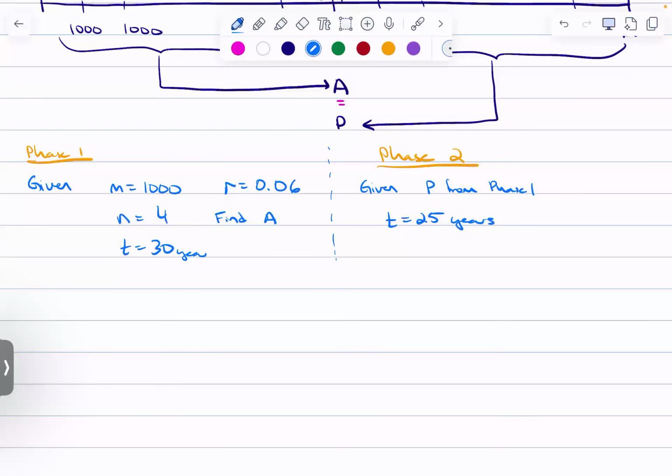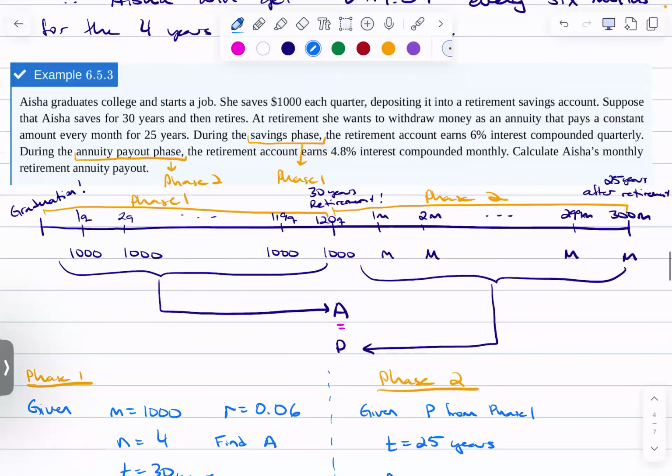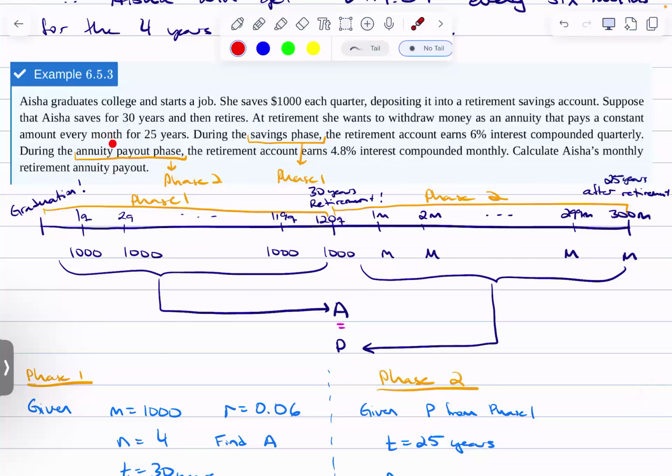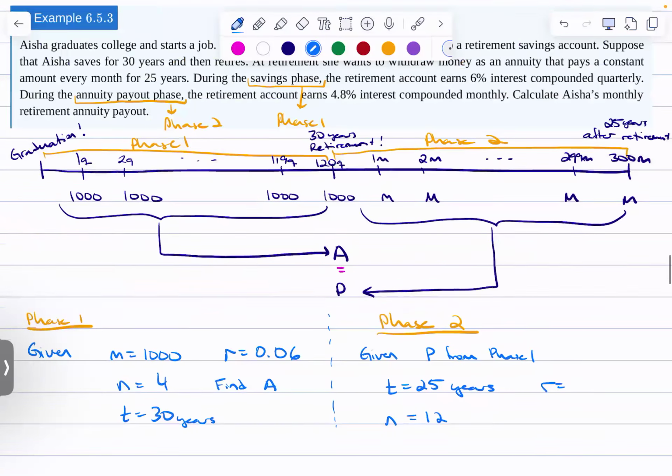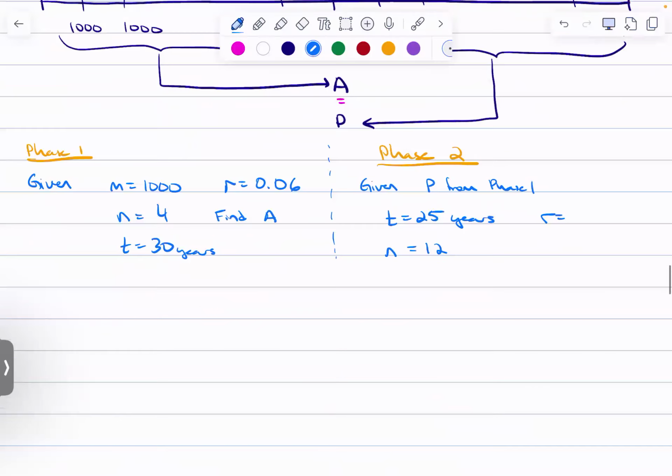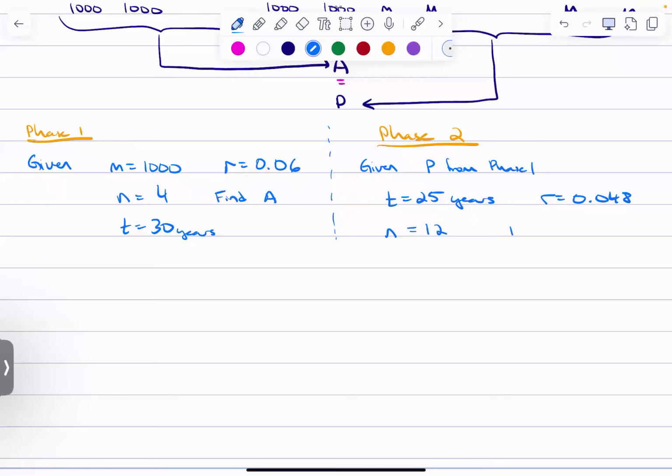And now she wants monthly payments for 25 years, which means N in this case is going to change to 12, right? And then just make sure that the interest rate is also compounded monthly, which it is. So N must be 12. And the rate is 0.048. And we want to find M.